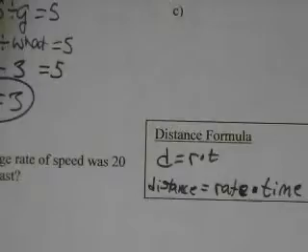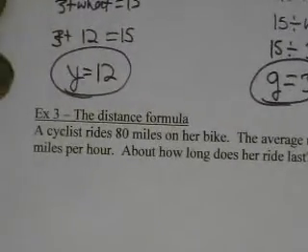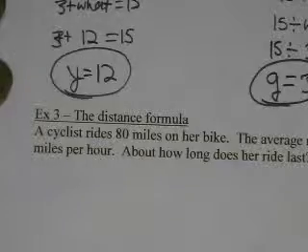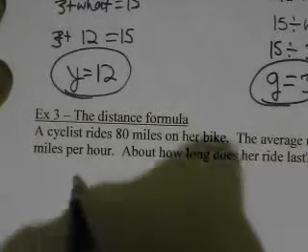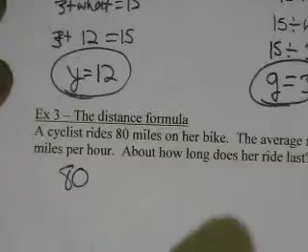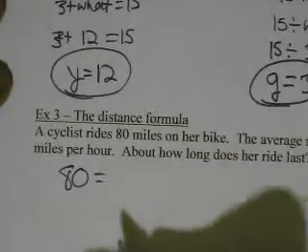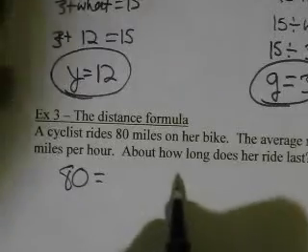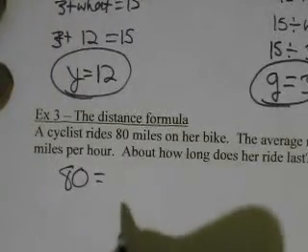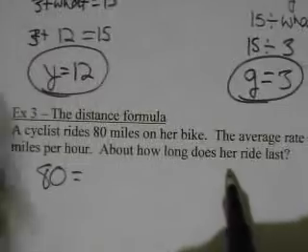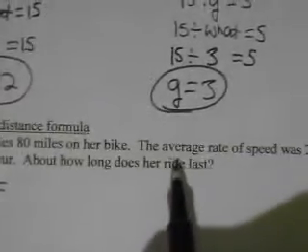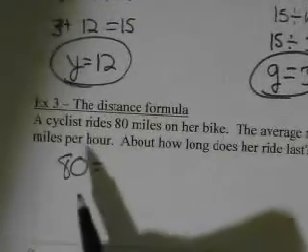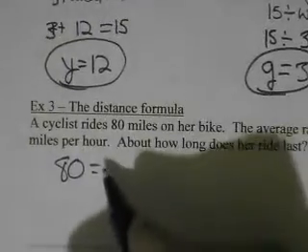Now let's look at this problem we have here. What is our distance in this problem? How far did she go? Well, she went 80 miles. That's the distance. Okay, distance equals rate times time. Rate. How fast did she go? So let's reread it again. Does it say how fast she went? The average rate of speed was 20 miles per hour. That's how fast she went.